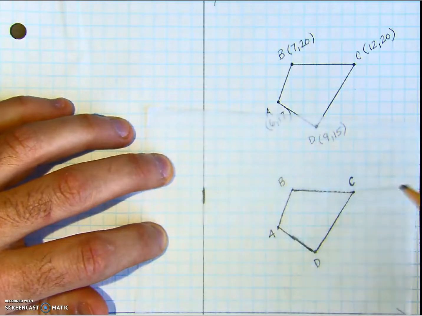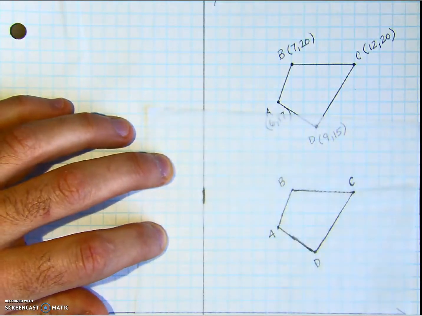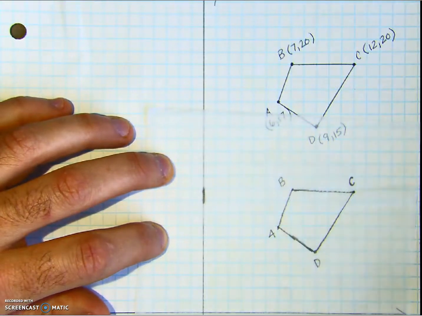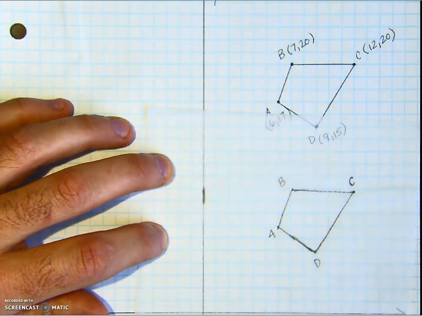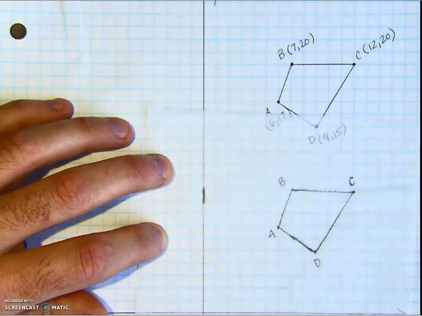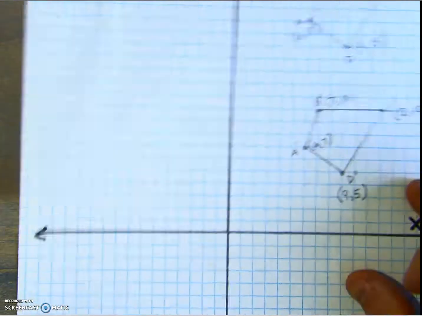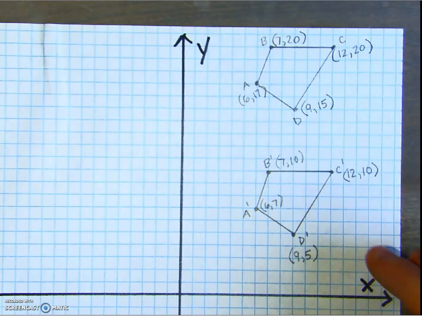Now normally I would grab my straight edge and remark all of these points, but I decided to draw it ahead of time so that we could make this move a little bit faster. So let me move this guy out of the way and let me show you what I did here.